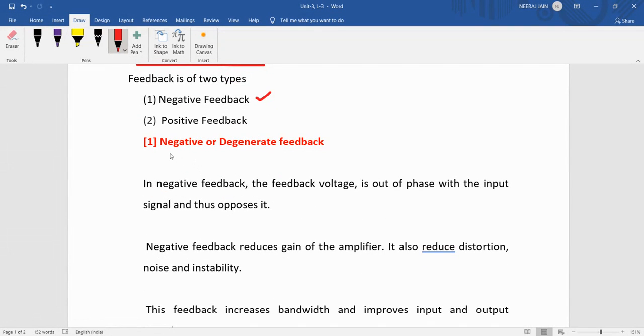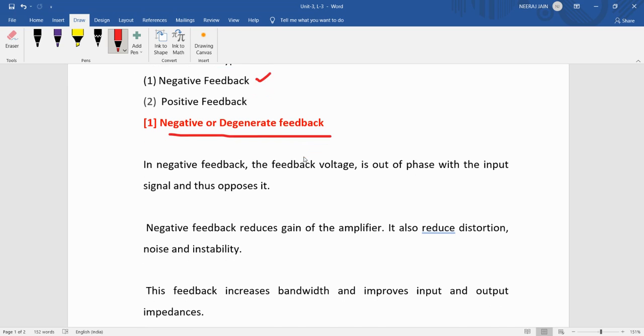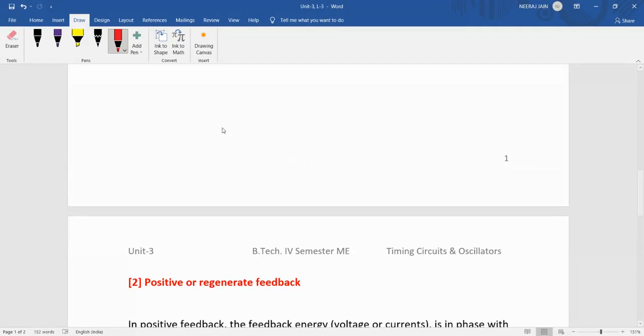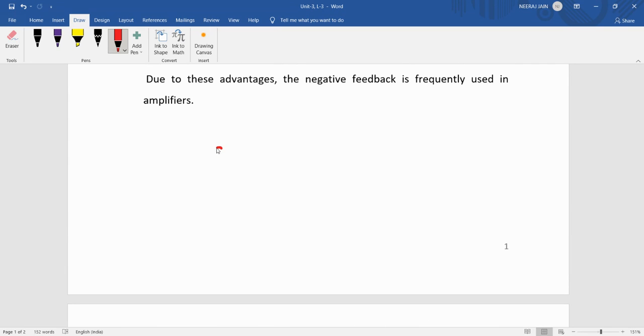First, we see the negative or degenerative feedback. Actually, negative feedback is also called degenerative feedback. Now we will see it with an example. Suppose we are taking the summer here and we are giving the input to it. The input Vs goes to the summer, and the output goes to the amplifier.